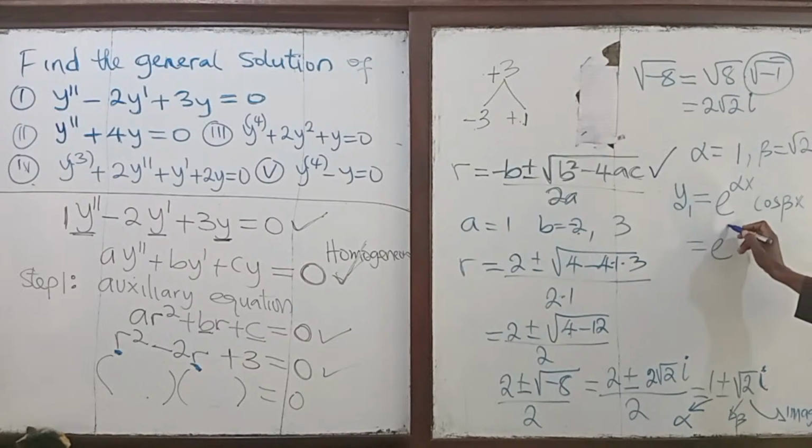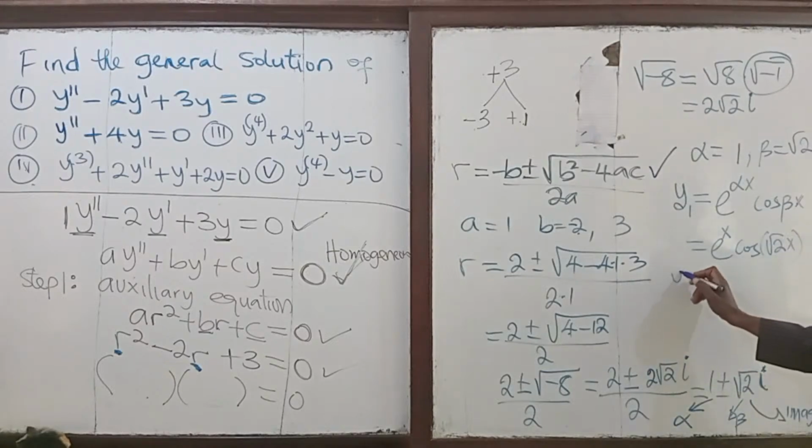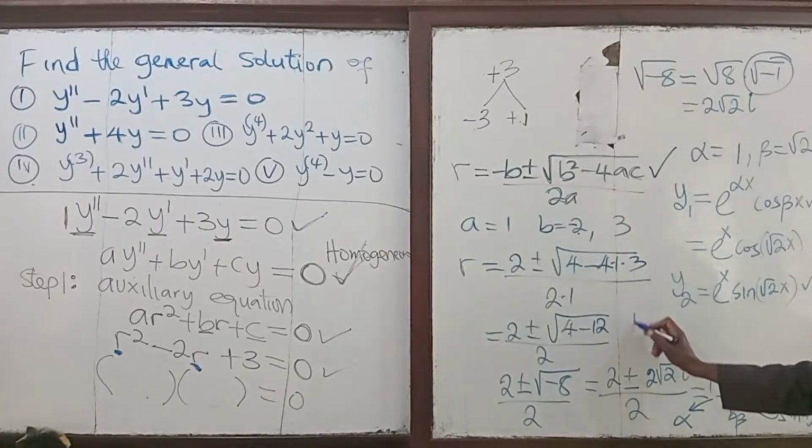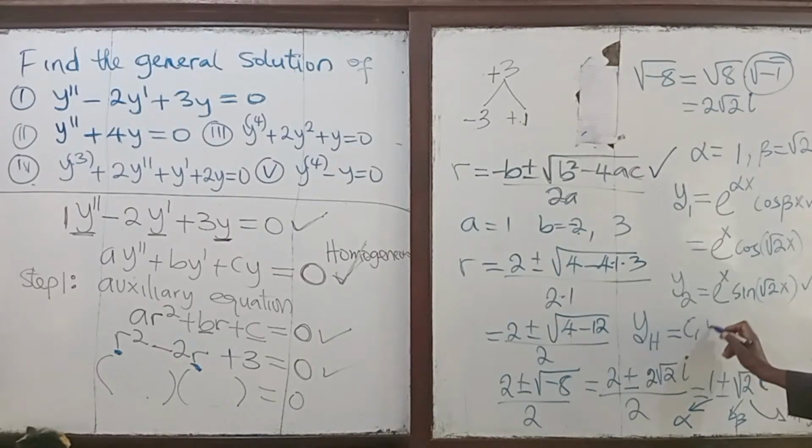The alpha is 1, so we have e to the x cos root 2 x, so that's the y1. The y2 is also the same, e to the power x, and then sine beta x, that's root 2. So we've gotten the y1, we've gotten the y2. So we can get the general solution of the homogeneous equation, which will be equal to C1 y1 plus C2 y2.